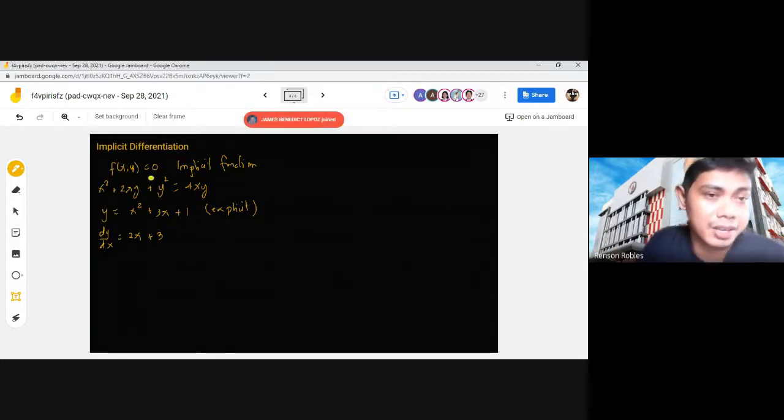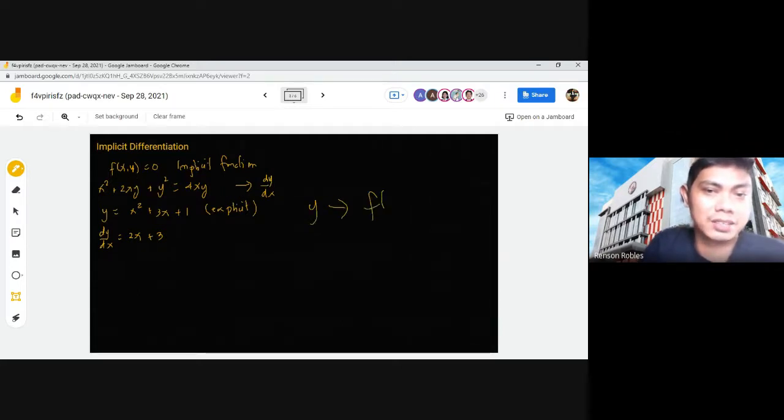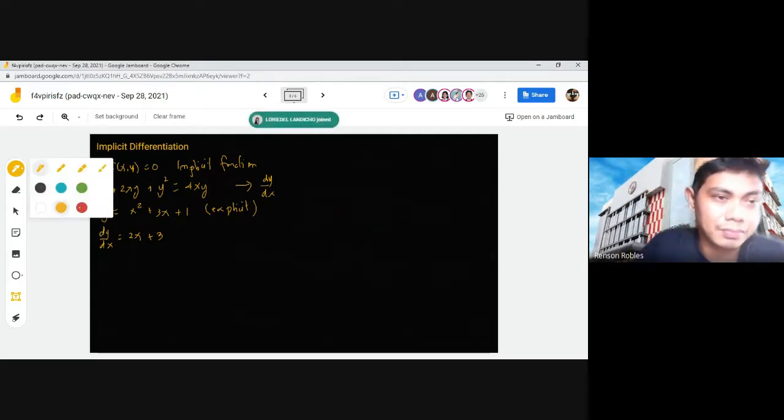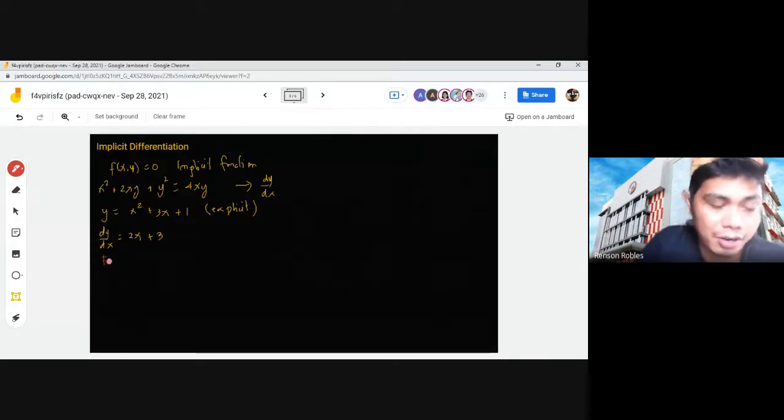However, with x squared plus 2xy plus y squared equals 4xy, if you want to look for dy/dx, we might have difficulty, because it is hard to find y in terms of x. How do you do that? Let me show it to you. We are looking to solve for y in terms of x.